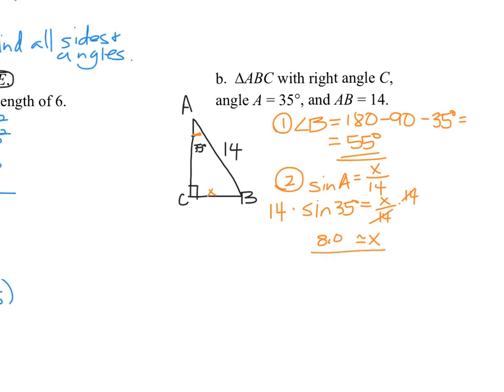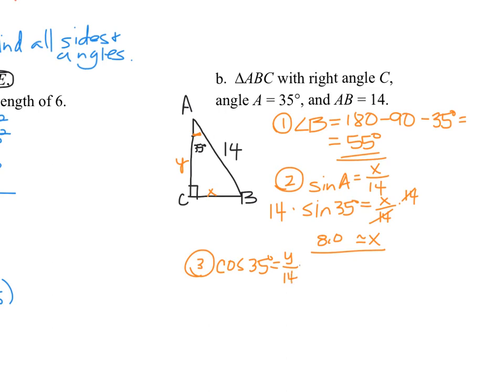Then we have to do the same thing for AC, the length of that side, the vertical segment from A to C. I'll call that one Y. From angle 35, Y is now the adjacent side, meaning that would be cosine of angle A, which is 35 degrees. We don't have to write out A, I guess. That equals adjacent over hypotenuse.